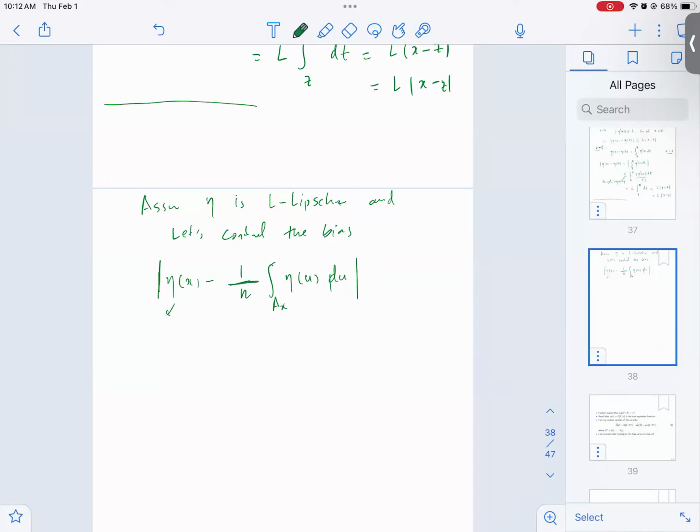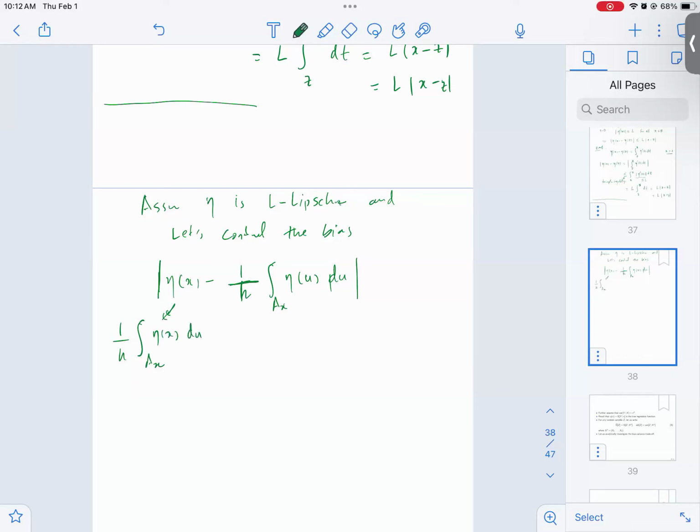Okay, the simple case. So this I can write as 1 over h. So 1 over h integral of du over ax is just 1, because this is an interval of length h. So 1 over h times the integral would be 1. So I can write it as eta of x du.